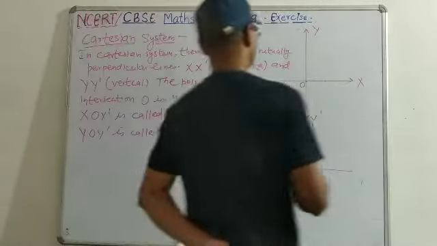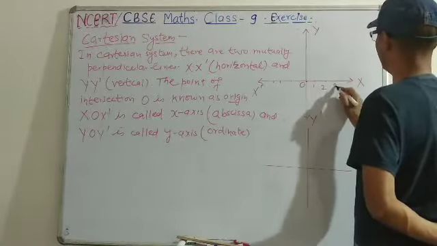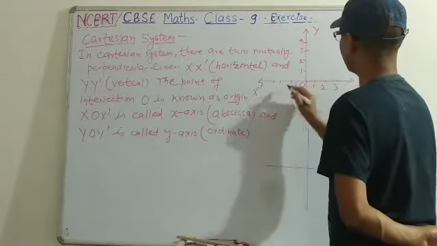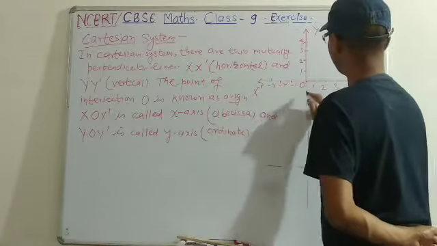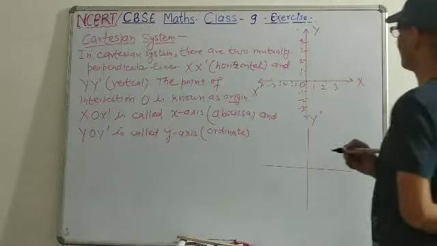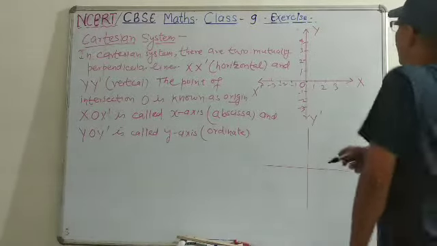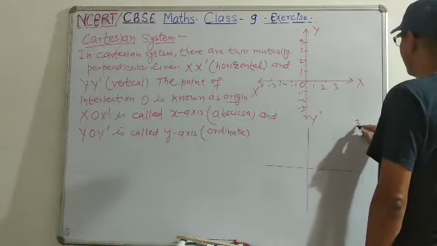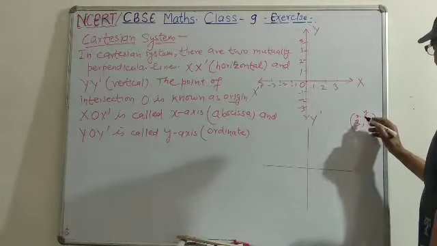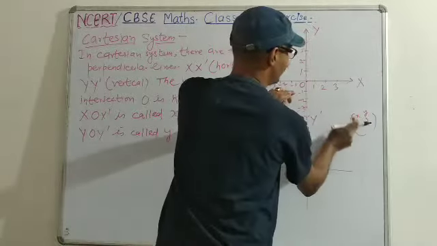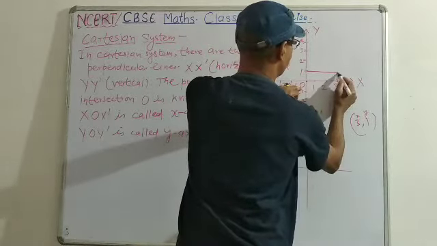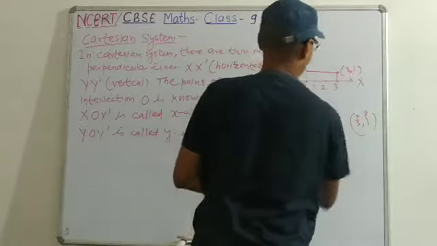Suppose we want to plot, for example, here 1, 2, 3, 4 are positive values, here negative -1, -2, -3, and here also -1, -2, -3. Suppose you want to plot the point (3, 1): it is x, then y. On the x axis we see 3 and on the y axis it is 1. That means this point is (3, 1).